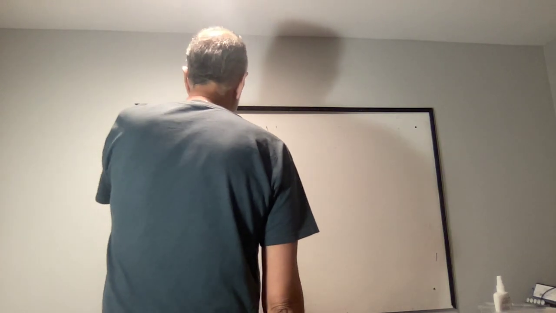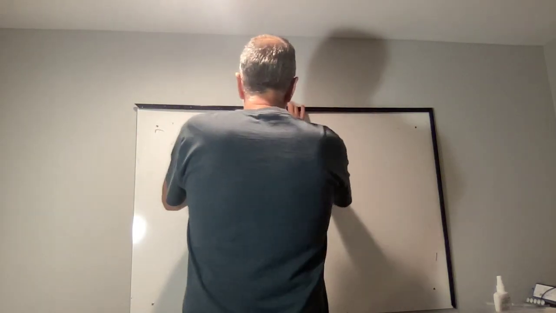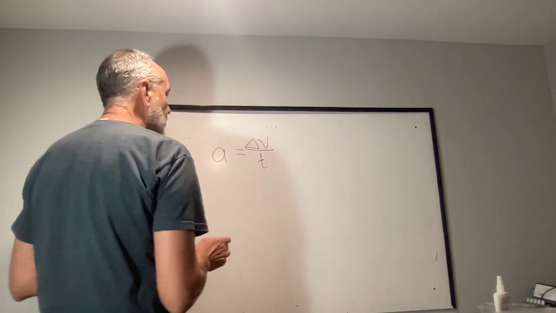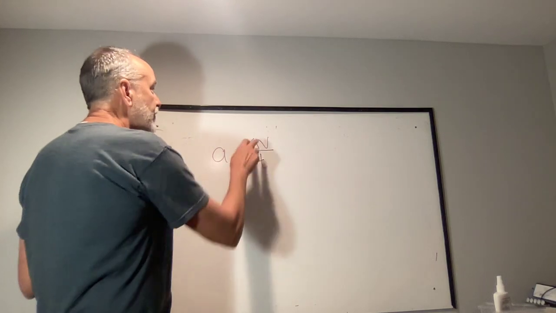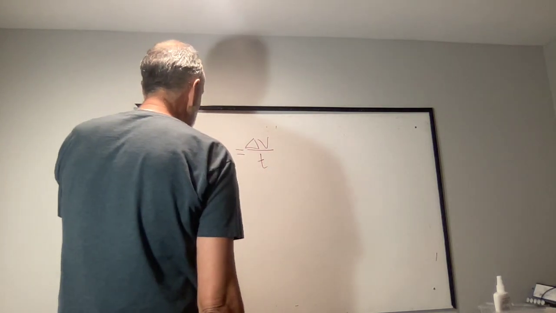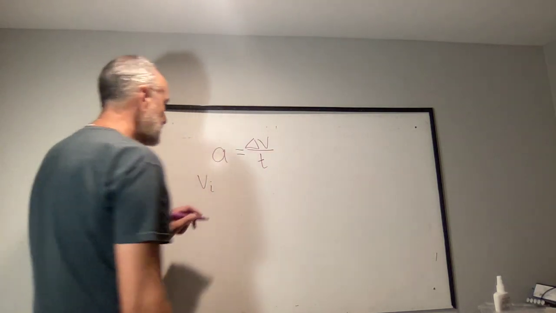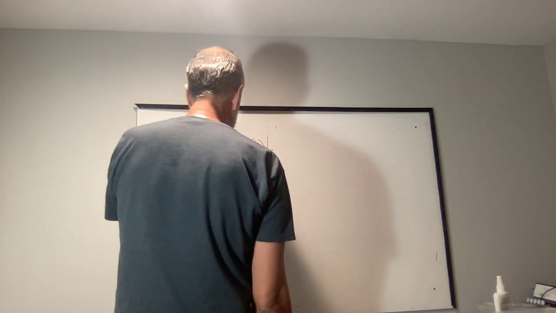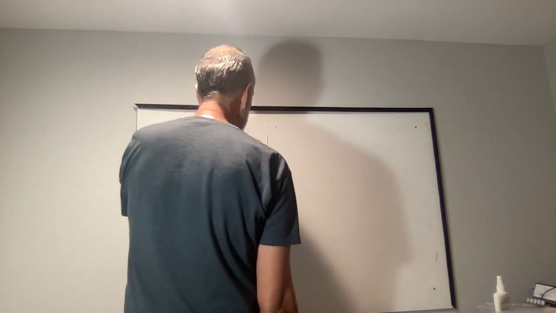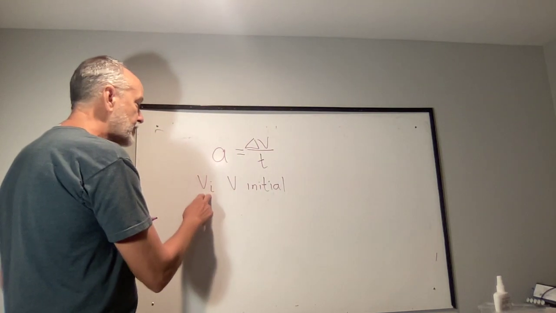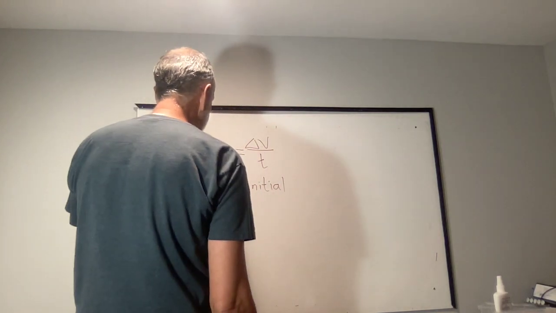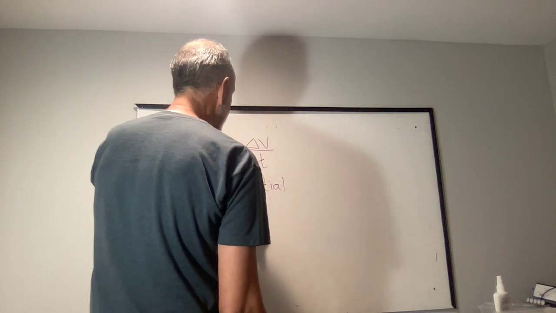Again, delta V over T, but we're going to break that down. At the very beginning of that time interval, the velocity was V initial, the initial or starting velocity, which we write as V with a little i, and at the end, V final.